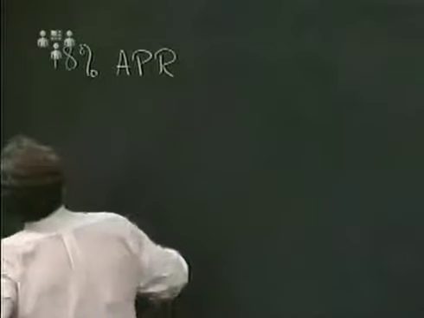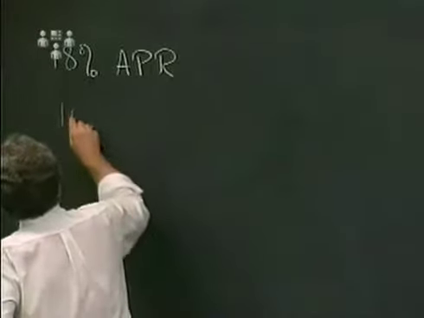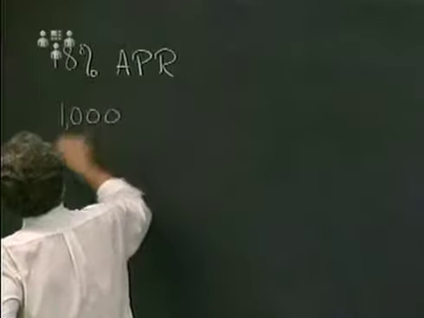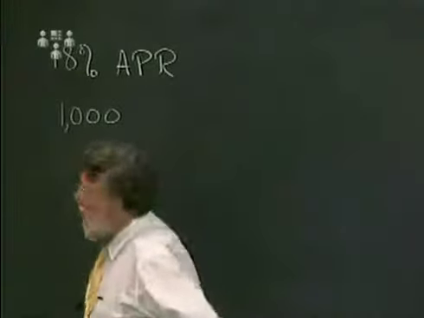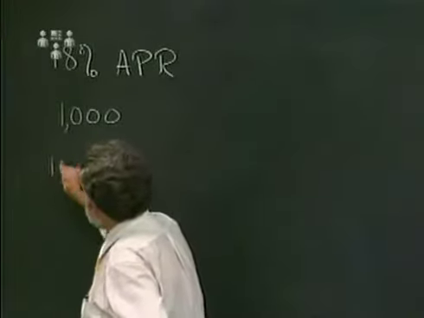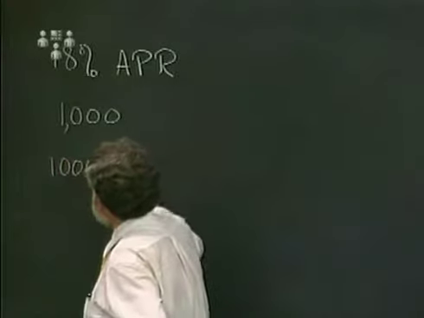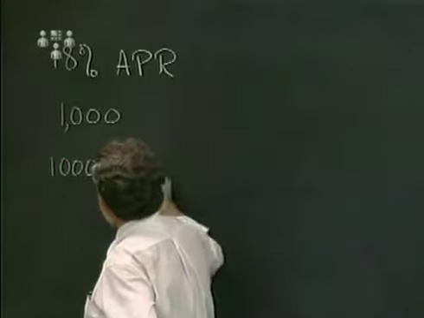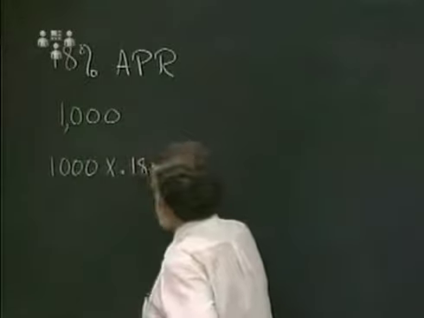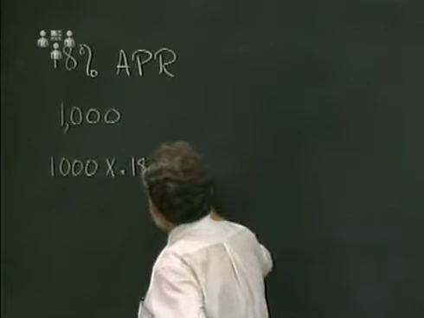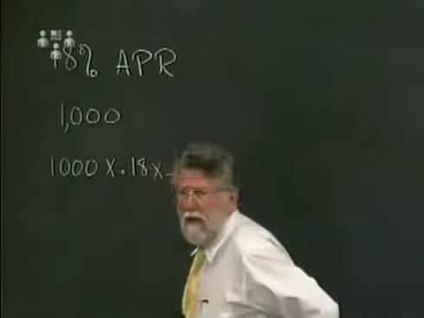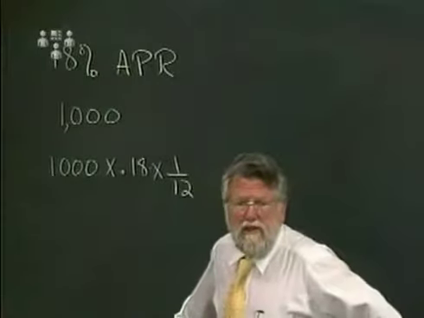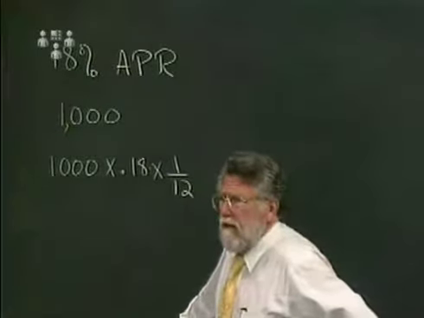If you owed $1,000 on that credit card, then getting the interest was very simple. You multiplied 1,000 by 0.18, and technically times 1/12 of the year, and we just calculated simple interest for that period of time.